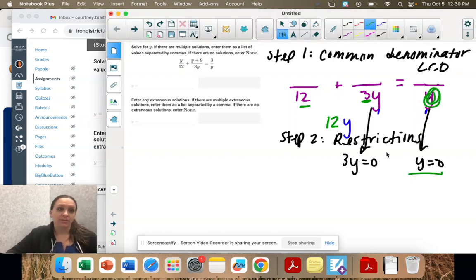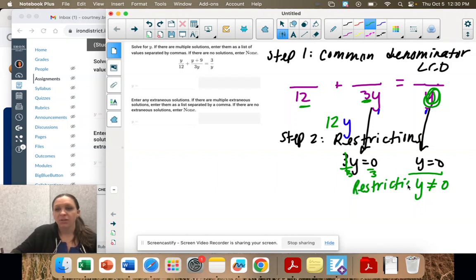That's going to put the 0 in our denominator. So that means y cannot equal 0. And this is actually the same thing. If I divide by 3, we get 0 again. So our only restriction is if we get 0 as our answer, we can't. It would make the whole thing undefined.